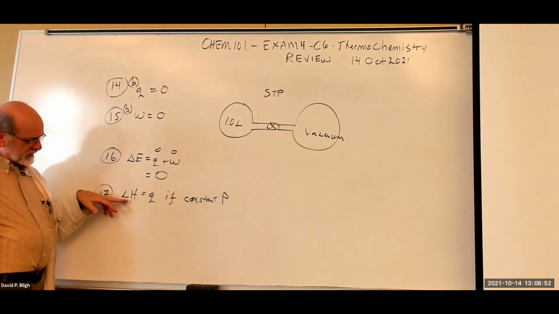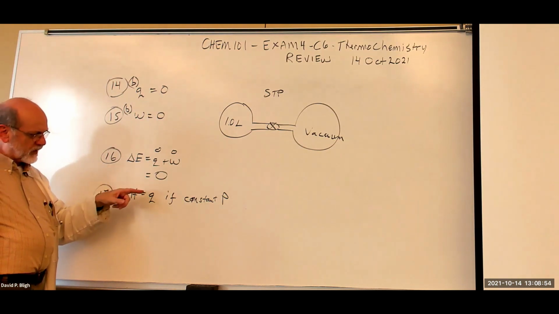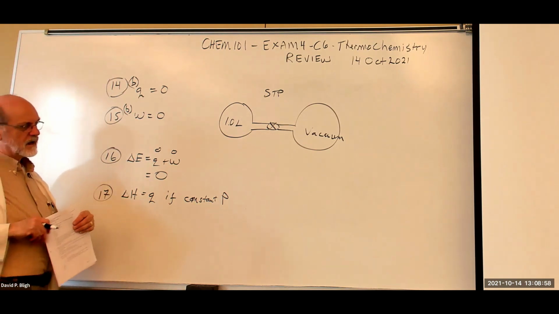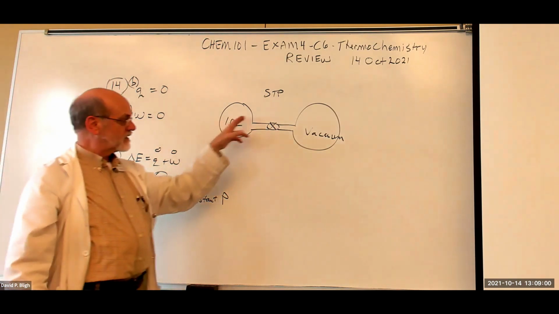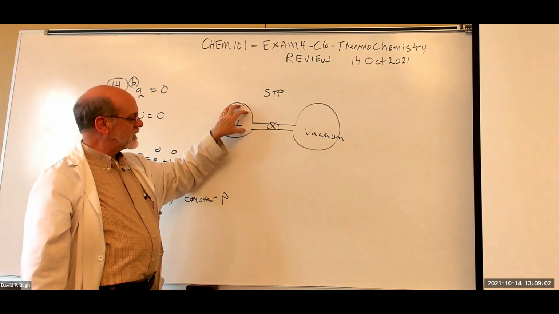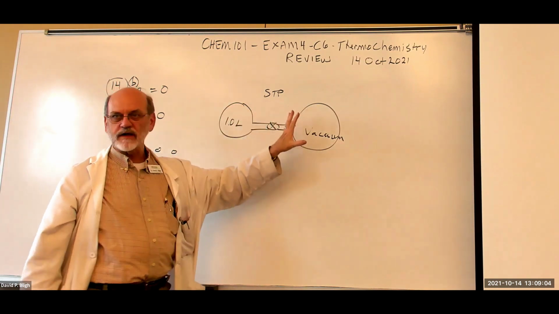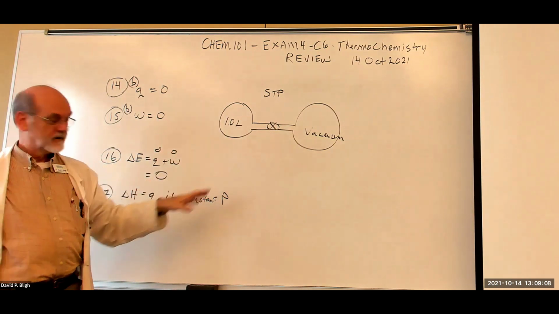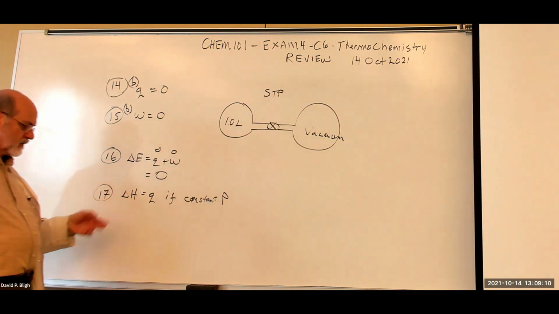But delta H is equal to Q only when the pressure is constant. If you look inside here, the pressure is a certain amount, but if you expand it into a larger volume, what happens to the pressure? According to Boyle, the pressure goes down. So that one might be questionable.